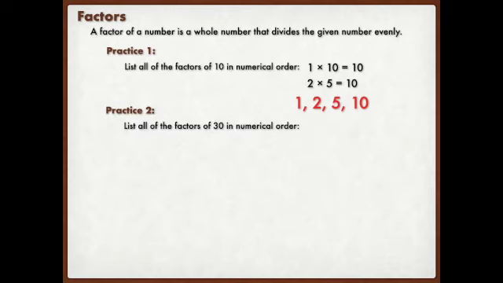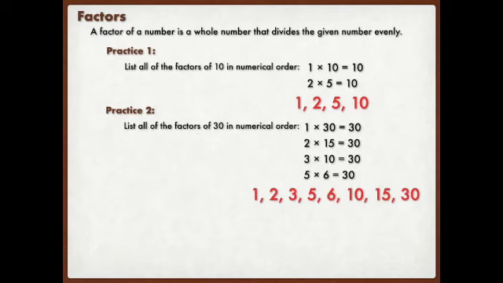So if we look at the left side, 1, 2, 3, 5, and then the right side, 6, 10, 15, 30. Those are the only factors.